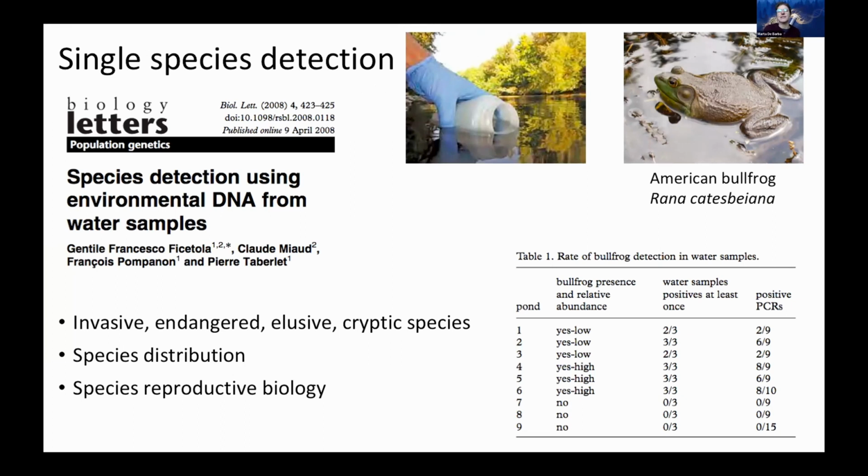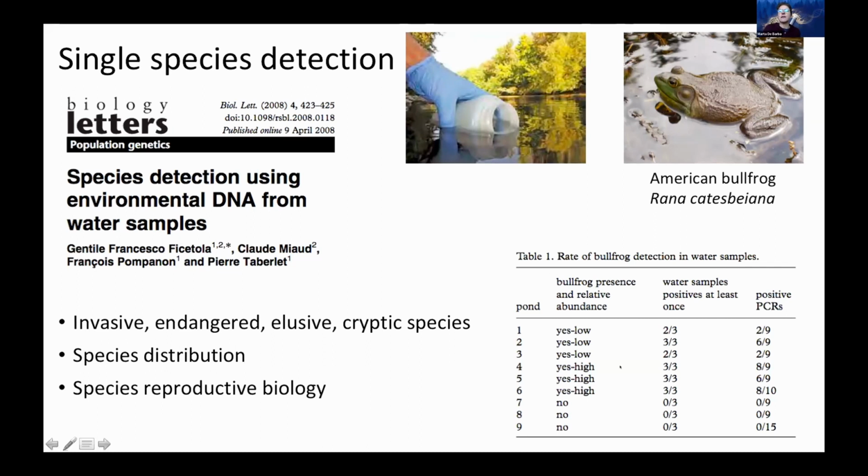So back in 2008, researchers showed that by sampling water from ponds, they were able to detect an invasive species, the American bullfrog, that has been introduced globally and that is now responsible for the decline of several endemic amphibians.